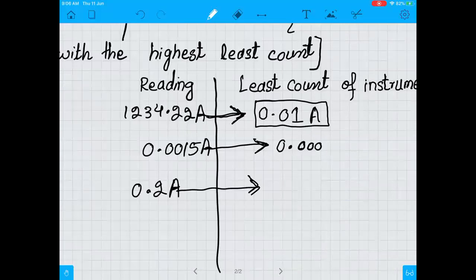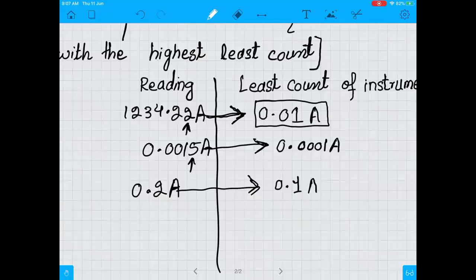So least count is basically the last significant digit, the digit at the rightmost position. That digit represents the least count. So least count is the smallest value that an instrument can measure. For the third instrument, the least count is 0.1 ampere.